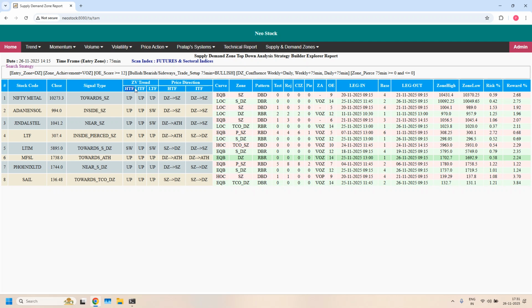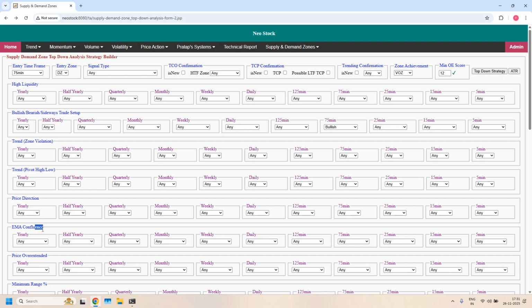And weekly trend, HTF trend, is uptrend in all the stocks except the 5th one. Ignore the 5th. Remaining uptrend stocks, again let's apply EMA confluence at weekly time frame, that is weekly demand zone having weekly EMA. At the same time, trend on the weekly should not be sideways.